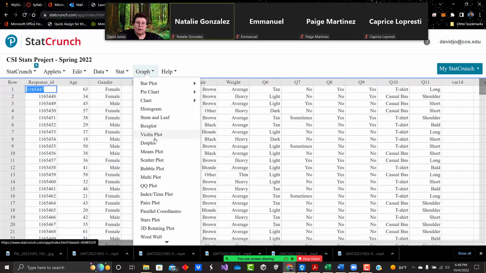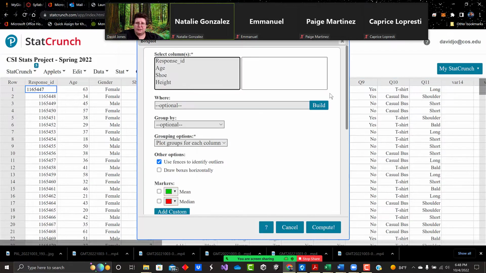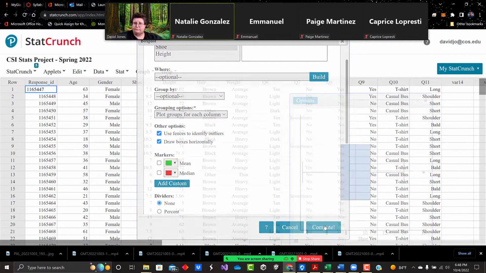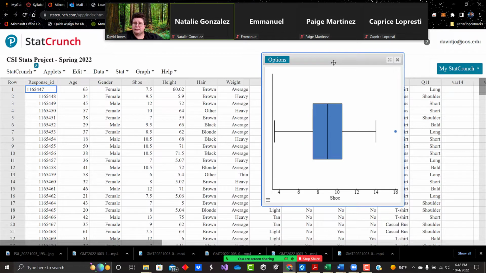We did talk about the box plot. That's something else that's in this section. We'll do shoes again. You definitely want to have fences to identify outliers, and you want to draw boxes horizontally so that they're a little easier to read. If there is a dot or an asterisk, it is an outlier.